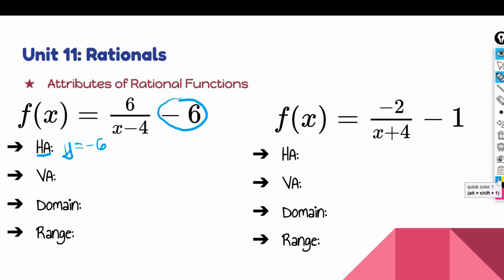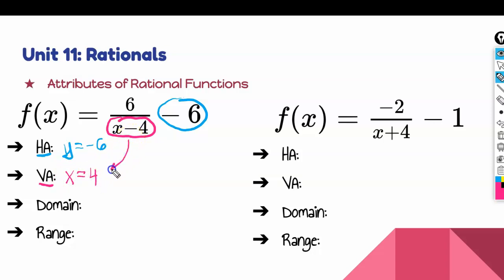So then vertical asymptote, I'm going to look at this number in the bottom. This x minus 4 situation down here is going to tell me my vertical asymptote. And it's going to be a little different because it is going to be x equals +4.